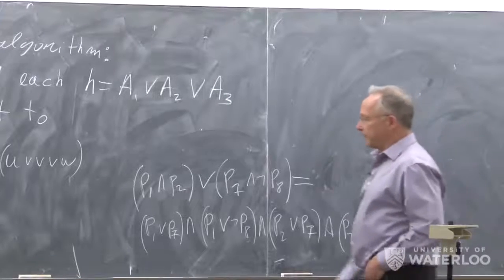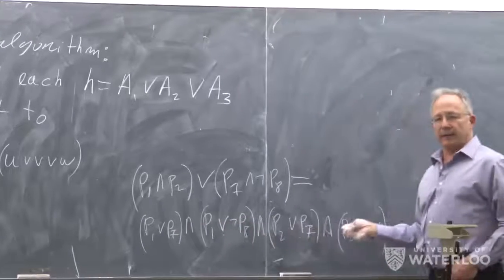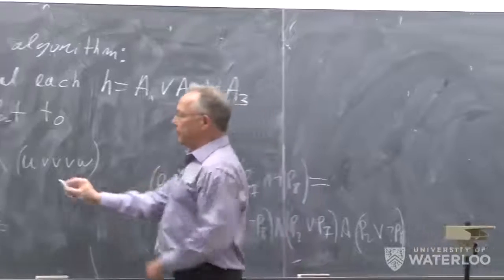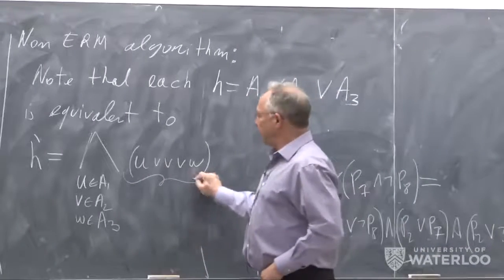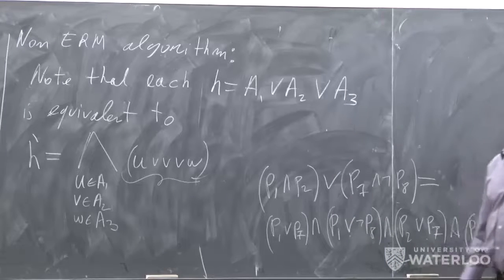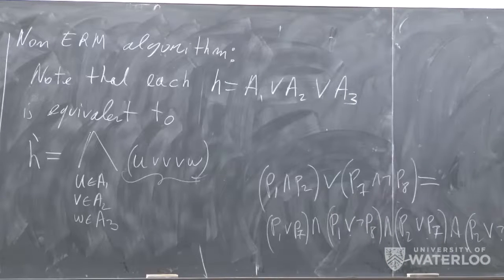So I can write it as a big AND, where every term I get here is a size 3 disjunction, a size 3 OR.